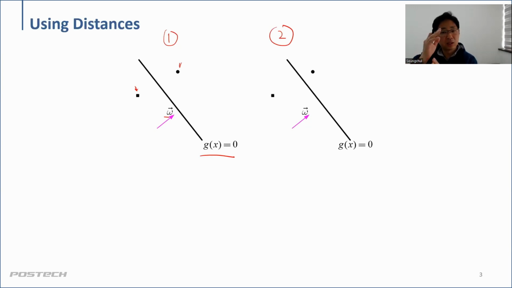Number one has the classification boundary located in the middle, as opposed to number two, which is more toward the circle points. If you think about the distance here, it is kind of equal. Which one is better from the classification boundary point of view, number one or number two?